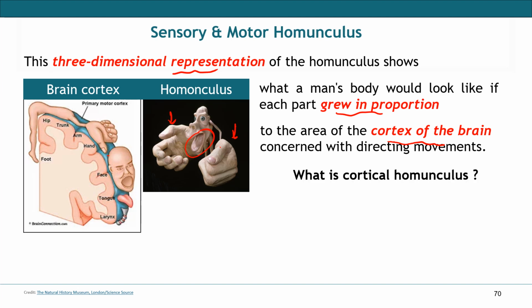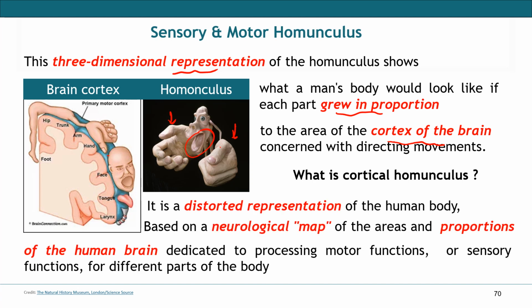And what is the cortical homunculus? It is a distorted representation of the human body based on this neurological map that I told you before. If you want to know more, your textbook has more information, and I'm going to show you some diagrams from your textbook that follow exactly the same idea that I just explained.